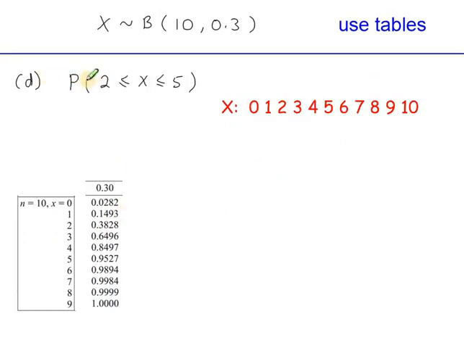Part D, the probability that X is between 2 and 5 inclusive. So we want the 2 and we want the 5, and you'll see that the number line method here works really well. If you can visualize your method, it's a lot easier to work with. So we want P(X ≤ 5), so we're going to look up everything here, but we don't want the 0 and the 1, so we have to subtract that part off.